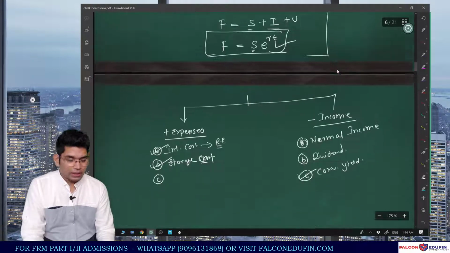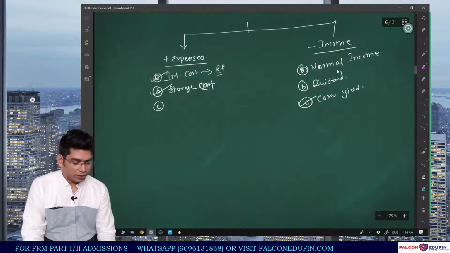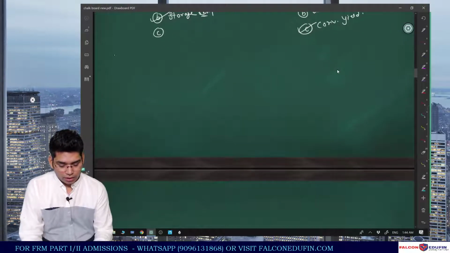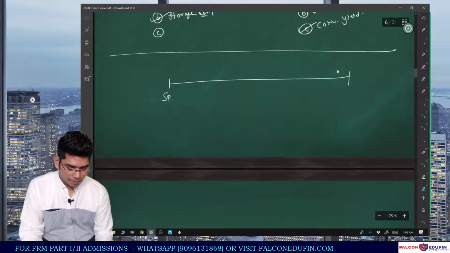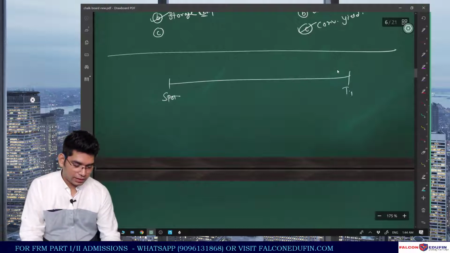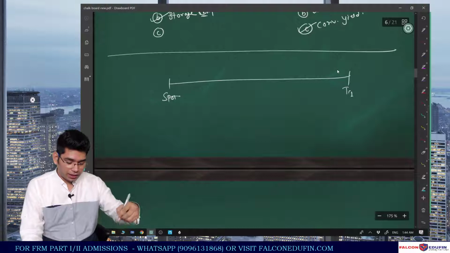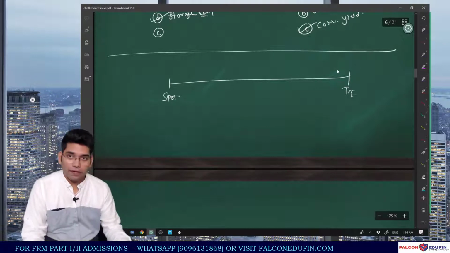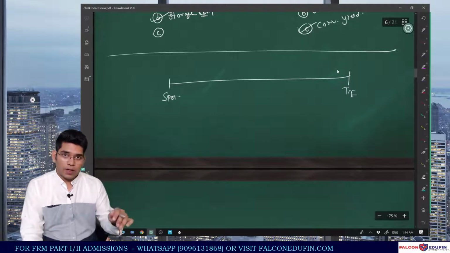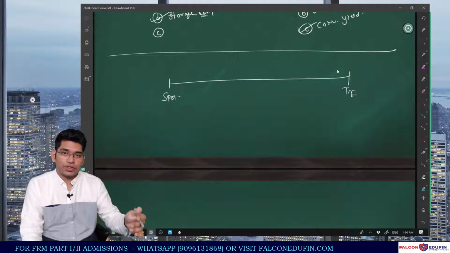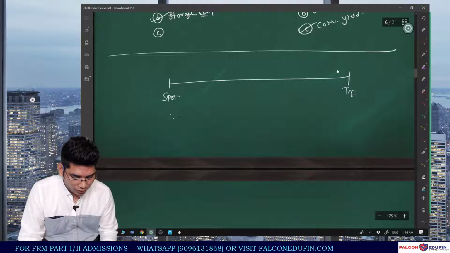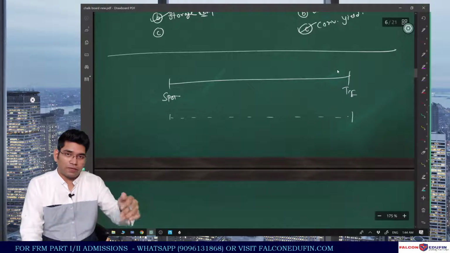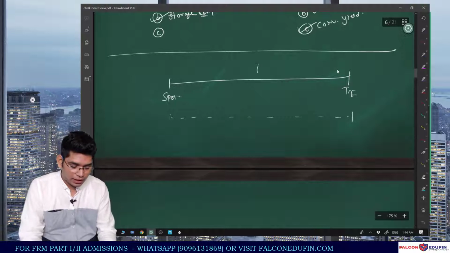Now one important thing you should note here is this is spot, this is T1 at TF, we should use TF. Okay, this is the time when your forward contract is going to get executed, meaning we are doing the calculation for this much period, that is the forward rate, and the time period we are taking is this much, say TF.